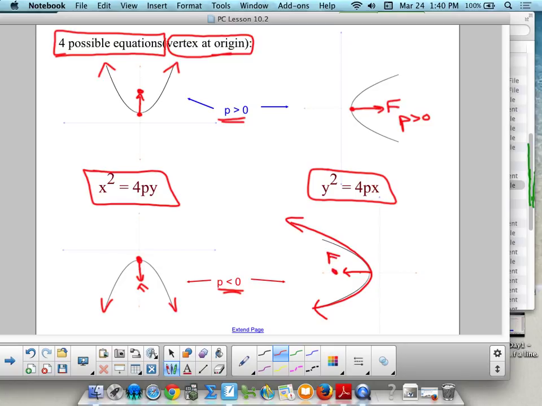Less than 0. It's got to be because you're going left. So p-value is less than 0, go left or down. P-value is greater than 0, go right or up. If it goes up, down, it's x squared. If it goes right, left, it's y squared. That's it. Use one of these two to write equations.